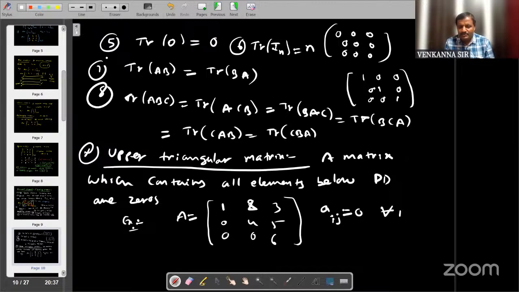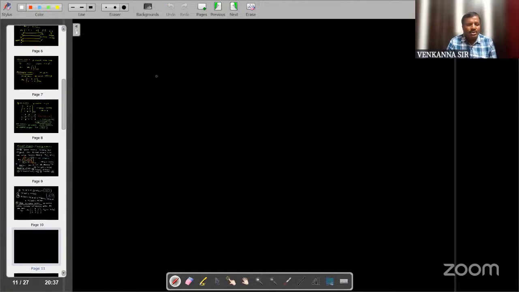For all i greater than j, Aij equals 0. You may get this question in the GATE exam: Aij equals 0 for all i greater than j, what type of matrix is it? The upper triangular matrix. Then coming to the lower triangular matrix, the next one.